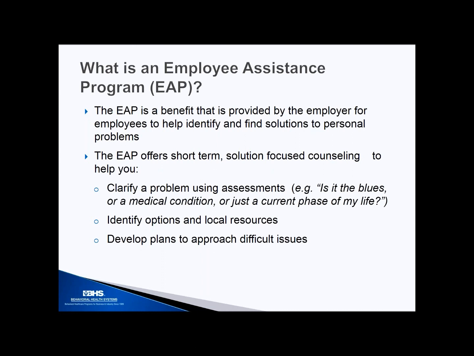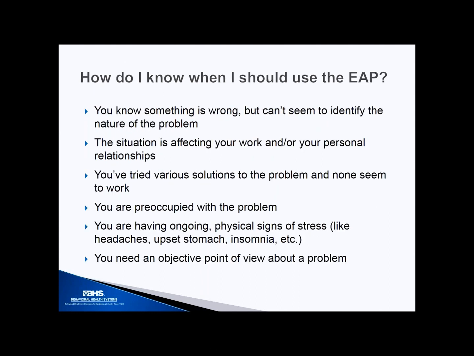An example we can give is: is it the blues, or a medical condition, or just a current phase of my life? Also, an EAP will help you identify options with your local resources. An EAP will help you develop plans to approach difficult issues.